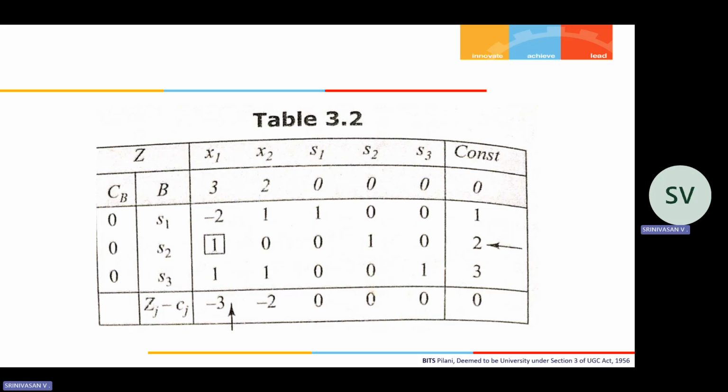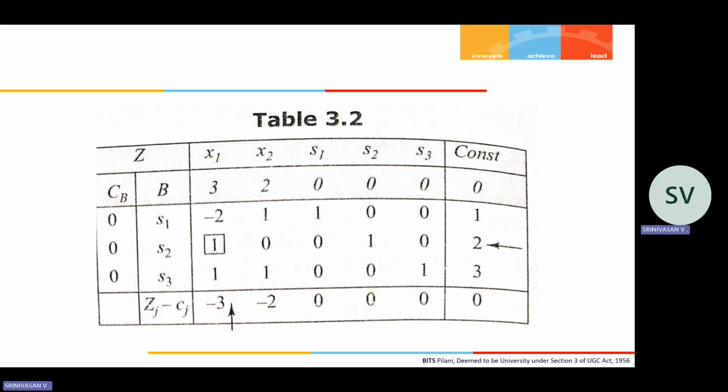Okay. Now, what is the next thing? Look at the last row. From the last row, are the values of Zj minus Cj all greater than or equal to 0? No. There are negative values. Is there only one value or two negative values? There are two negative values. Therefore, of the two negative values, you take the minimum, meaning the most negative.